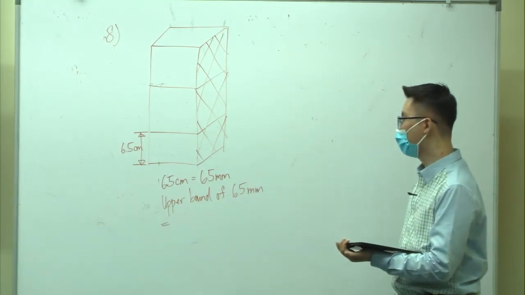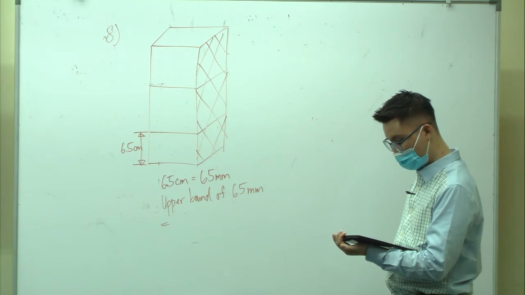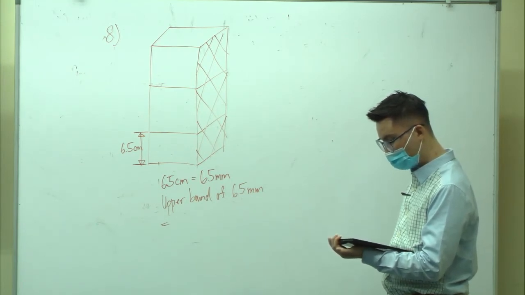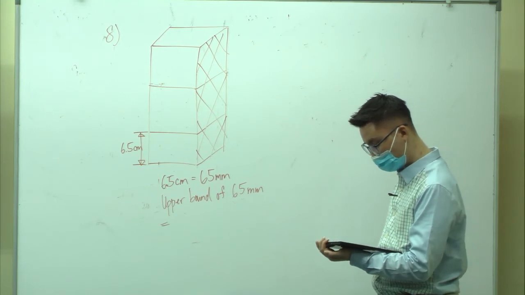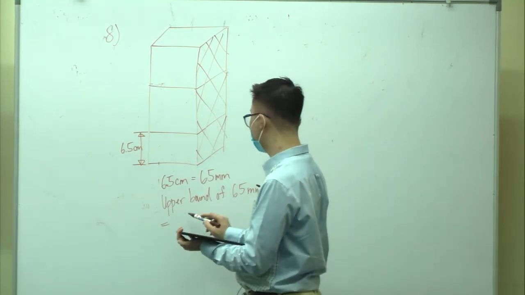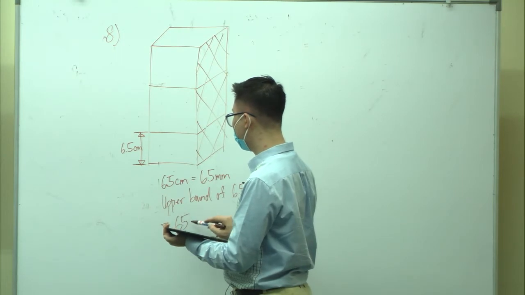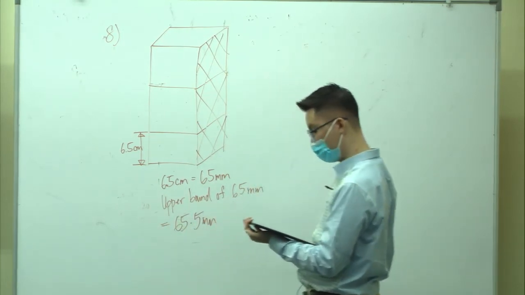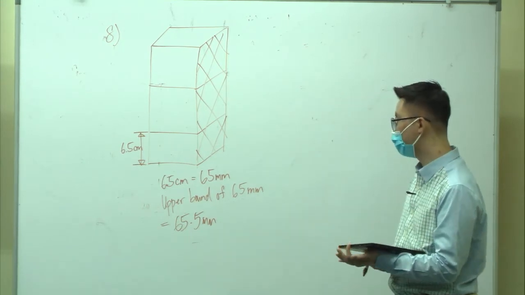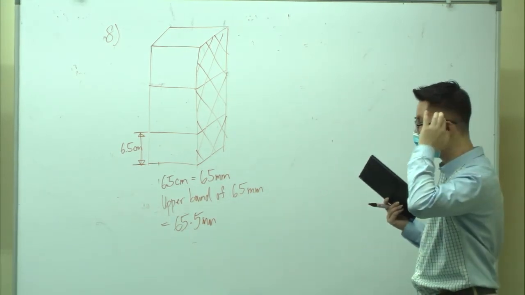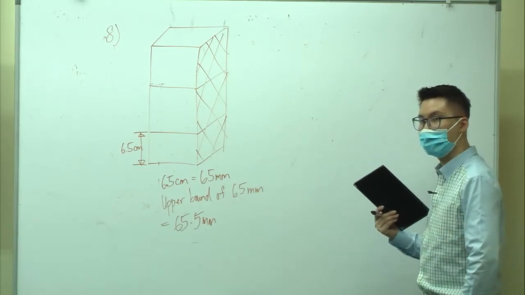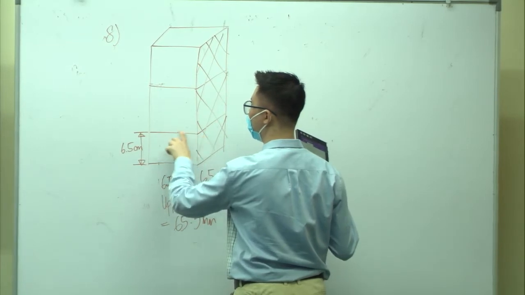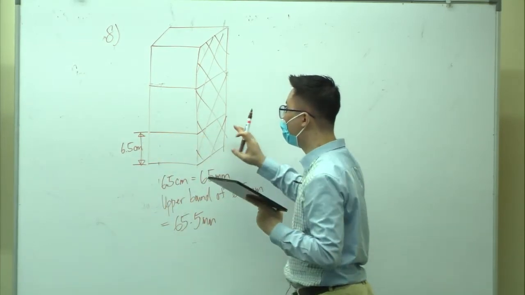The upper bound of 65 will be 65.5 mm, right? Corrected to the nearest millimeter. Yeah, 65.5. This is the upper bound. Now you got this upper bound of the height for the one cuboid.